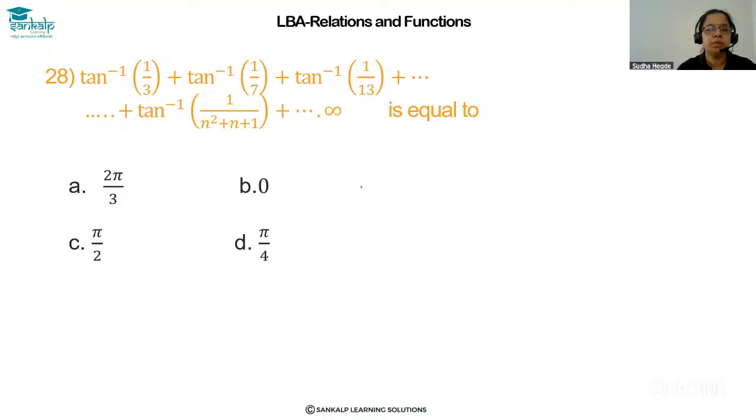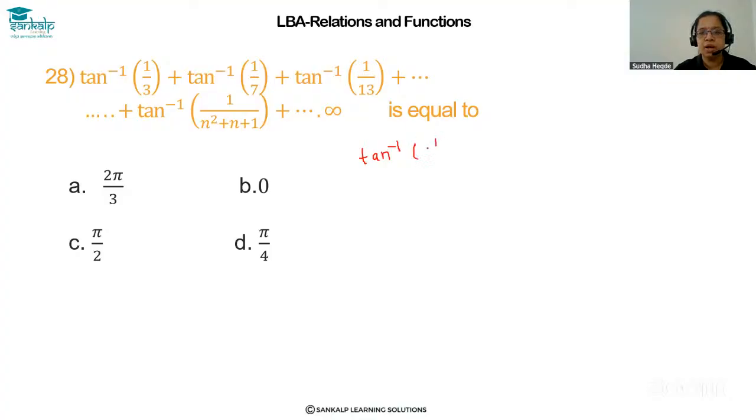Option A 2 pi by 3, option B 0, option C pi by 2, option D pi by 4. Okay, so the question is looking complicated, but once you simplify the general term, it is not difficult. Very easily you can solve. So let us take the general term and simplify, and later on we will take the sum.